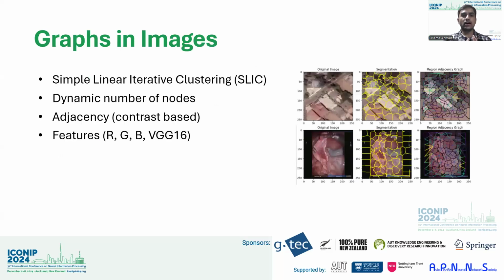So, graphs in images. In this paper, we are describing graphs on images. If we make graphs on high-resolution images, we will get computationally complex graphs that we can hardly process on our GPUs or hardware.